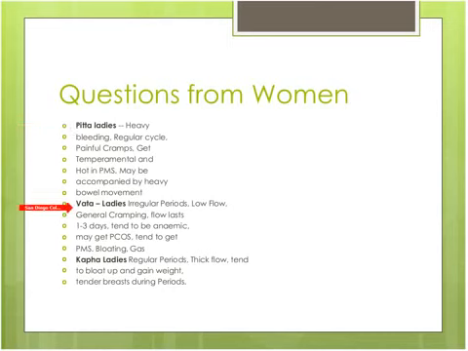Also, it's possible Pitta ladies or Vata ladies might have some polycystic ovary syndrome. A Vata person is sometimes anemic, not always, but the chances of a Vata person being anemic are high, and they might have irregular periods, low flow, general cramping. Their periods last 1 to 3 days. Pitta can last 7 days. They tend to be anemic.